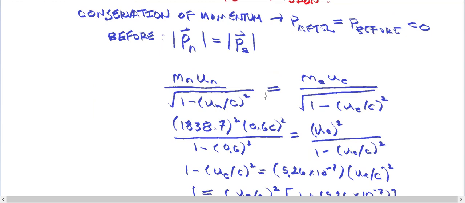And so yesterday we had our relativistic momentum discussion where we said that the relativistic momentum is just equal to gamma sub u times m times u, and that's all this is, right? So this is the relativistic momentum of the neutron, this is the relativistic momentum of the electron.